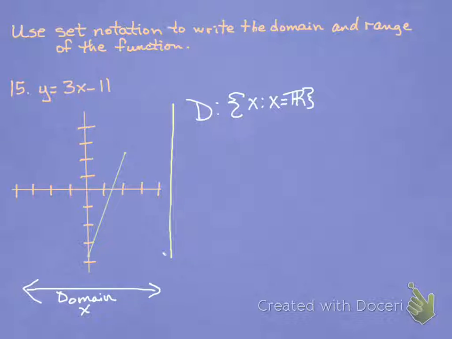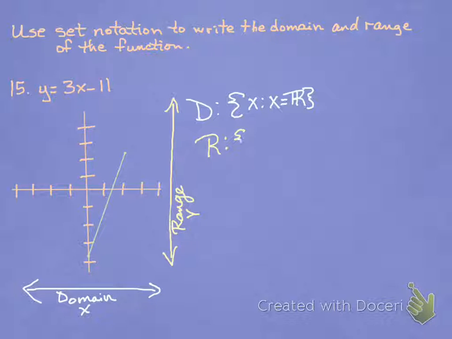Now my range is all the vertical movement up and down. Okay, and that line goes on forever in both directions, up and down. Remember that range is our y value, so when we're writing that in set notation, we will use the y instead of the x.